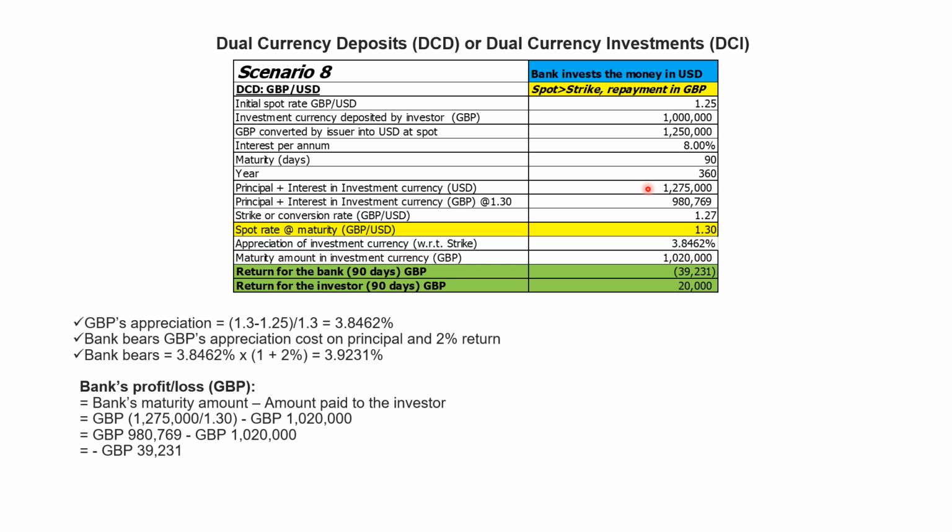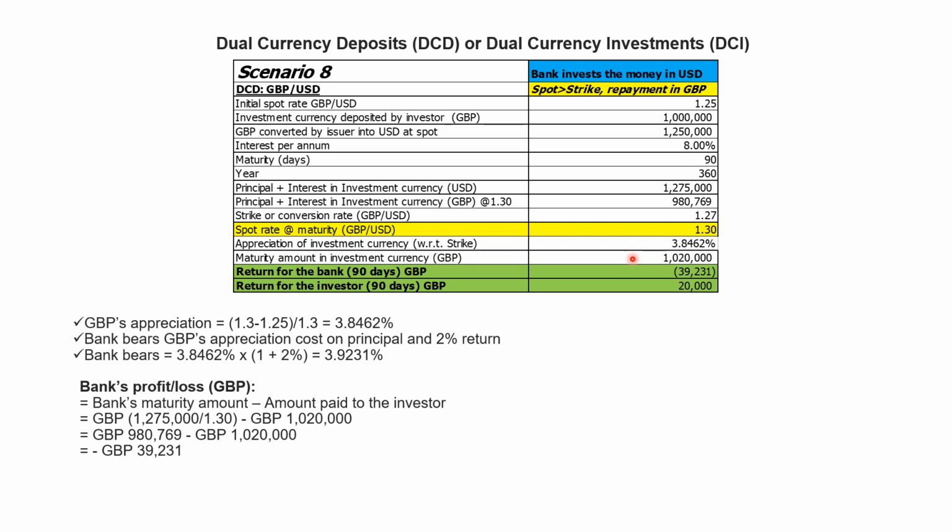On the maturity date, the spot rate is greater than the strike price, which means that the GBP has appreciated. The bank decides to pay the investor GBP 1.02 million instead of the USD 1.02 million into 1.27, which is USD 1.2954 million.